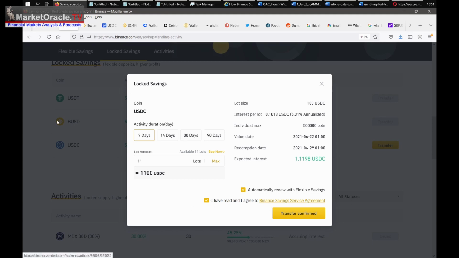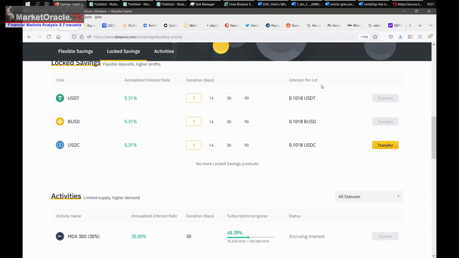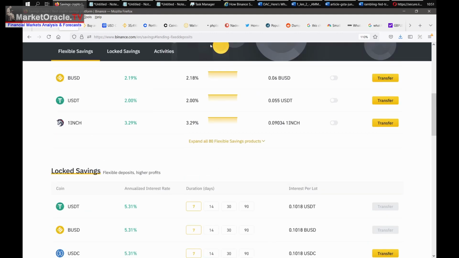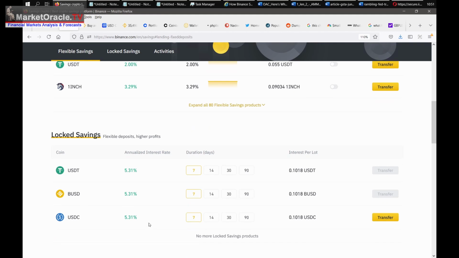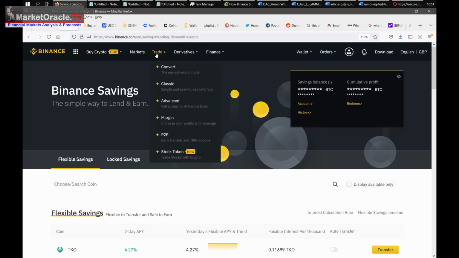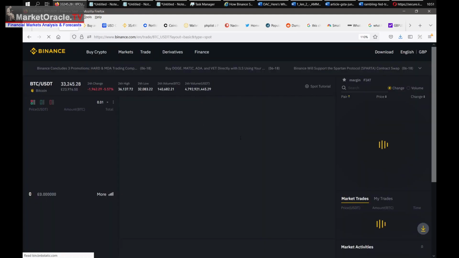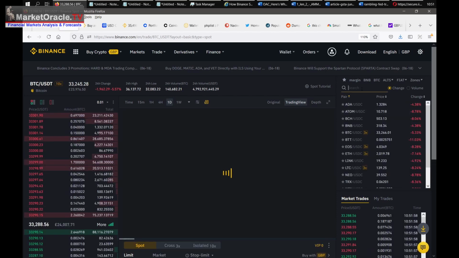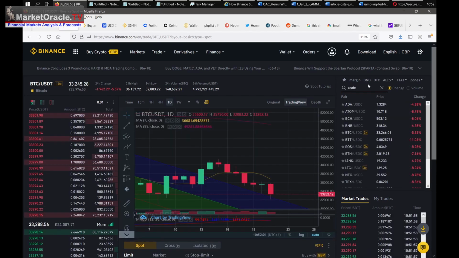It's probably easier just to trade it, buy and sell. Should I try and do that? $1 here and $1 there. It might be easy just to buy and sell it. So look. USDC.